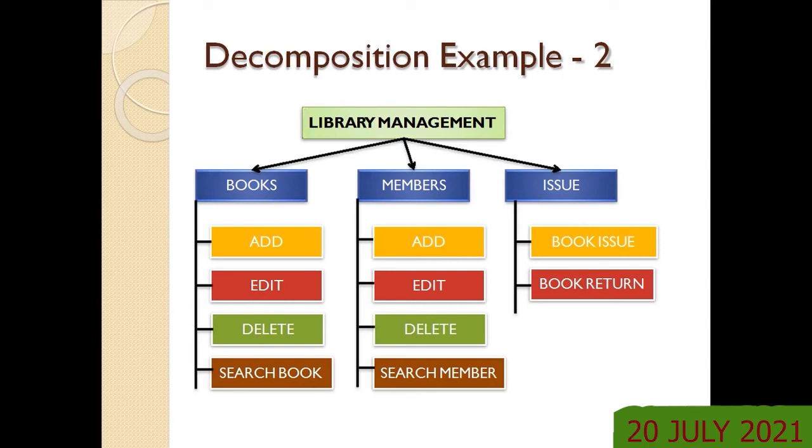Edit, means you get the details of those books and enter them somewhere. Or whenever the books are disposed of, you have to delete, or whenever somebody comes and asks for a book, whether the book is available or not, we have to search. Similarly, members can be added, member details can be edited, and members can be removed, as well as a member can be searched based on the member number.